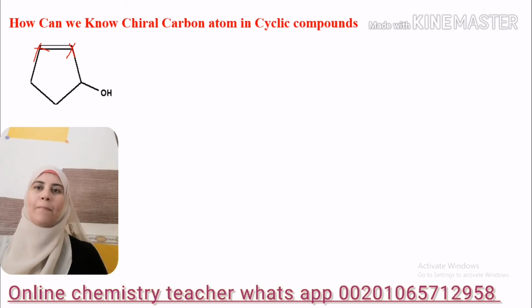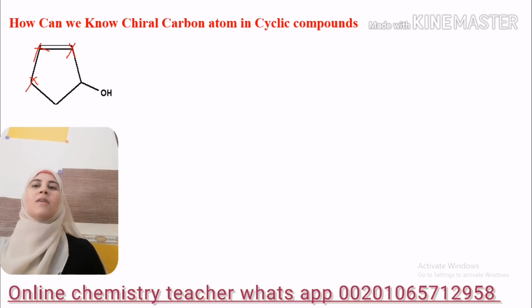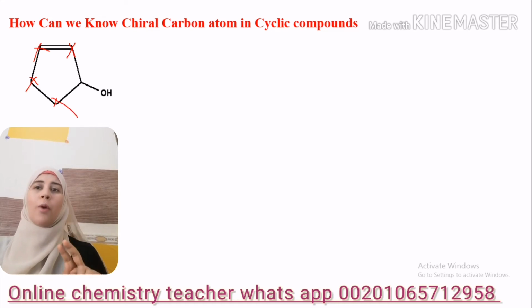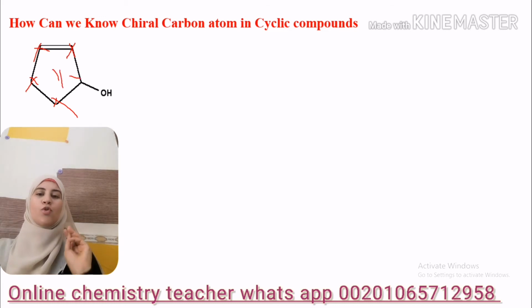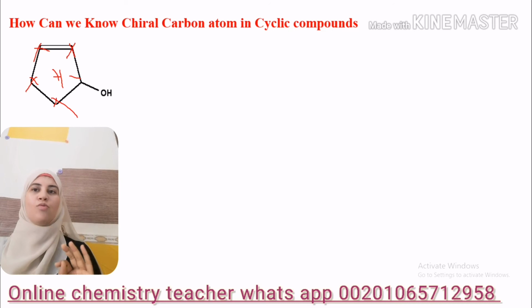Cancel it. The fourth one is the same, attached to 2 carbon atoms. Cancel it. The last one is a carbon atom attached to 2 carbon atoms and 1 hydroxyl group, and we have another hydrogen atom. So it is attached to 4 different atoms or groups. So we can say that we have a chiral carbon atom, we have C star.